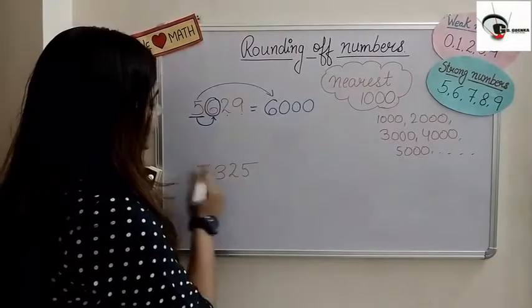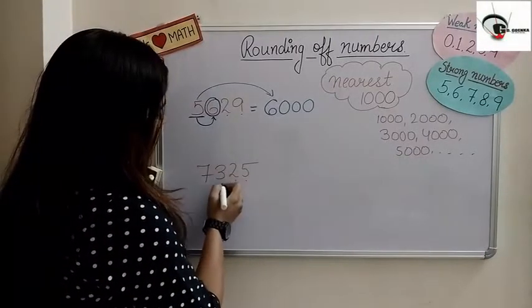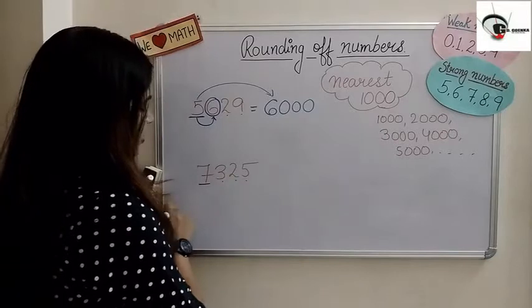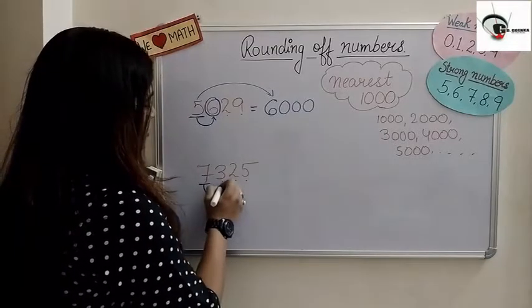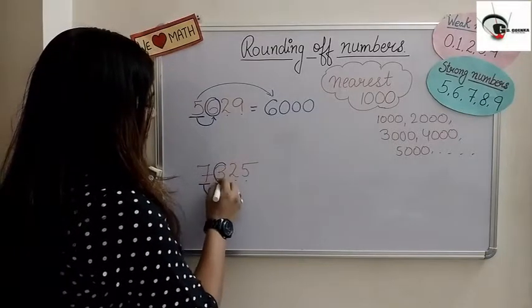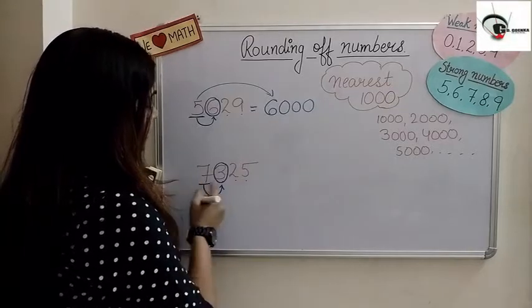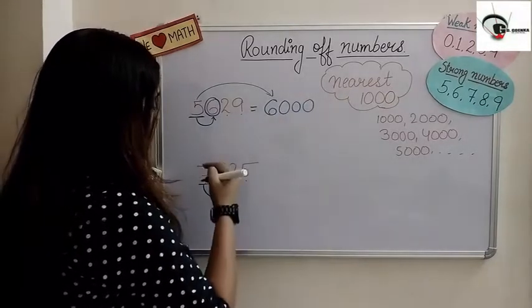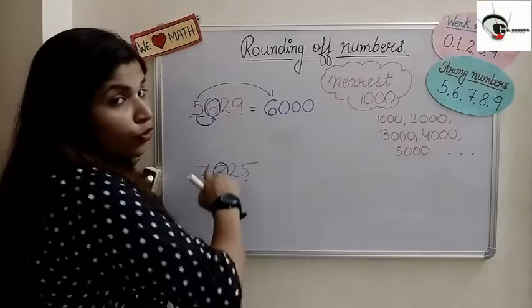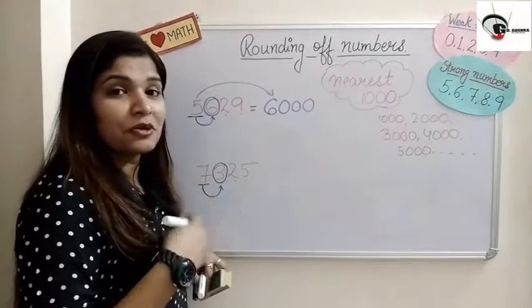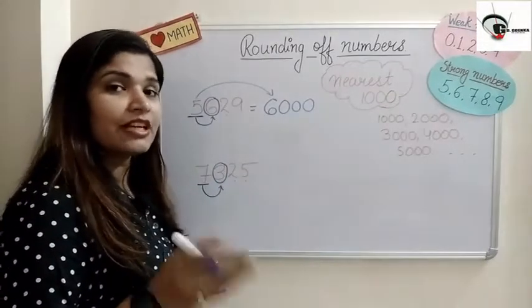Let us see this one. Ones, tens, 100, 1000. And we are going to circle this 3 over here. 3 is the weak number, so it won't be able to push 7 to the next number. So 7 will remain 7.